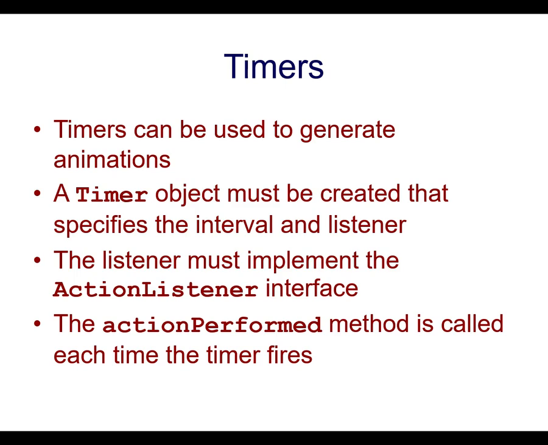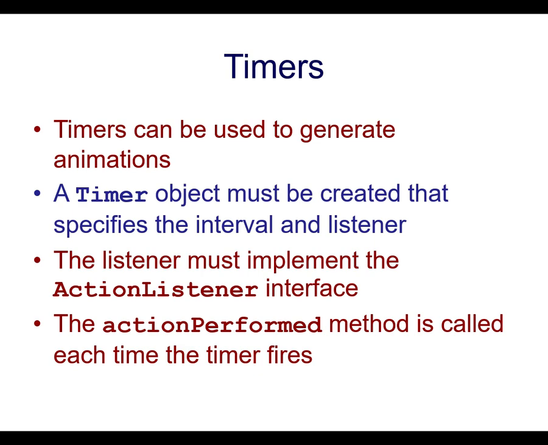Next, we explain how timers are used. Although timers can be used for a variety of purposes, one of its most common uses is to generate animations. To use a timer, an object must be created that specifies the interval, which indicates how frequently the timer will fire.